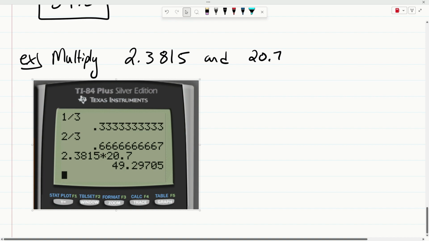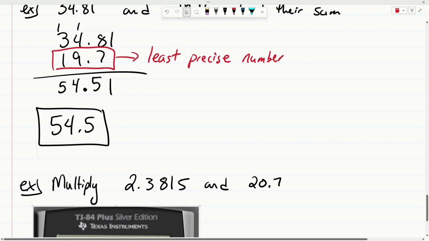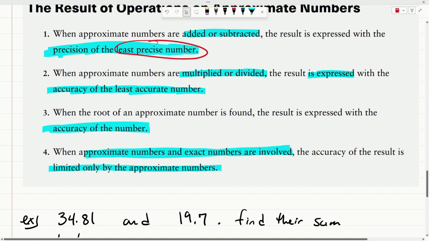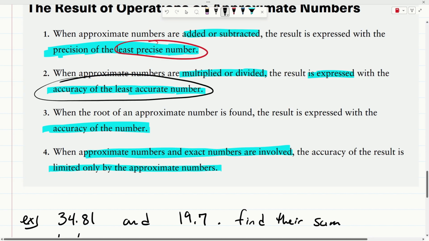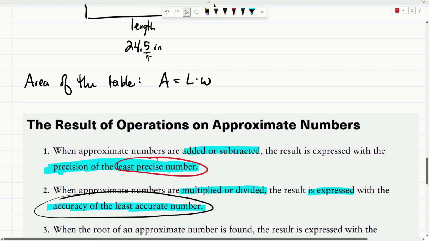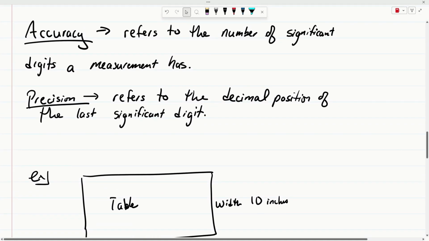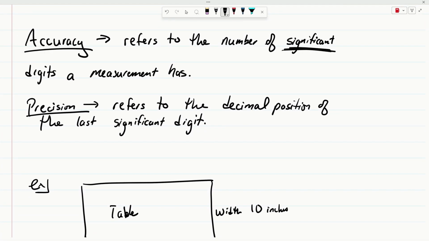Now, when we're multiplying or dividing, we need to look at, and let me go back up to the notes, the result being expressed as the accuracy of the least accurate number. What does accurate mean? It refers to the significant digits of the measurement.